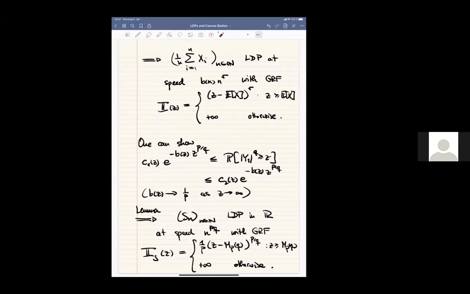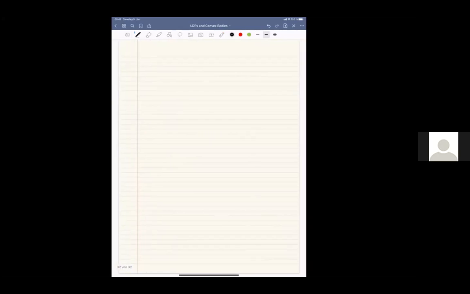So now I use again the contraction principle with the function f, x maps to x to the 1 over q, and then we get f of Sn, which is just 1 over n sum i from 1 to n, yi to the power q, to the 1 over q, and an n.